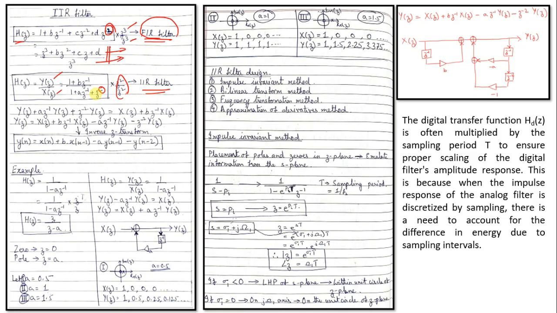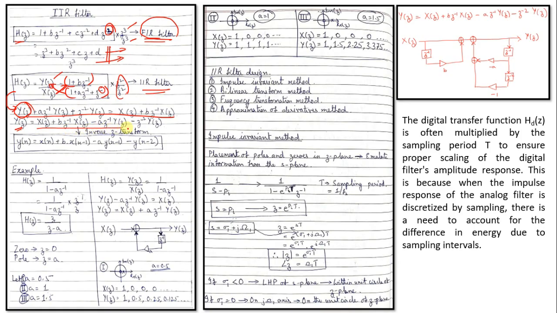Now, if we proceed with the simplification of this transfer function itself, we get Y(z) multiplied by this thing, and this X(z) goes to the numerator on the right hand side. If you do that, we get this equation, and taking Y(z) on the left hand side and all the X(z) and Y(z) terms on the right hand side, we get this equation.